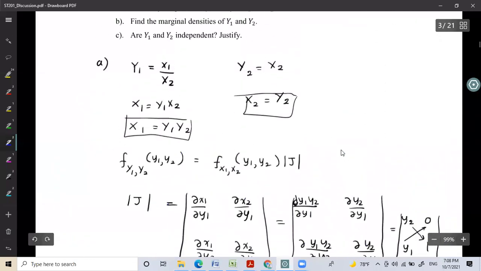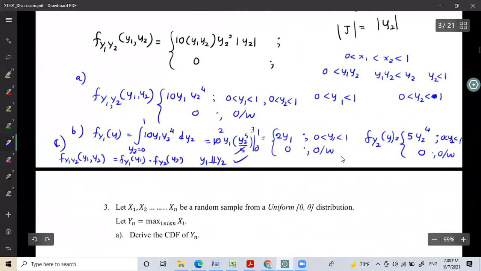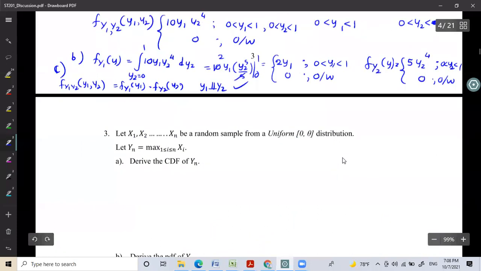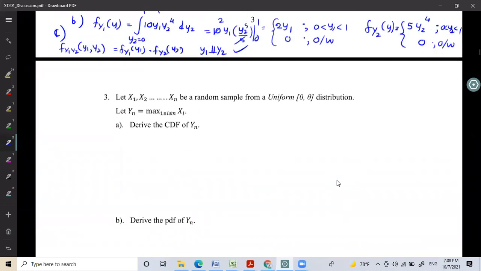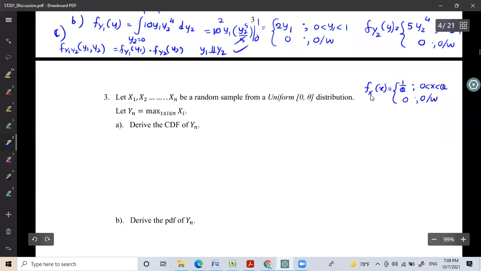So this is covering chapter 3. Now we come to the order statistics, and also the convergence in distribution of the order statistics. Look at this question again from 2015. X1 up to Xn is a random sample from uniform 0 theta. When you see uniform 0 theta, you know that the PDF is 1 over theta. And what is the CDF?